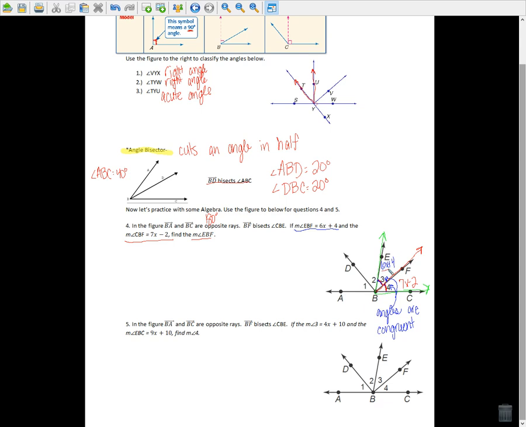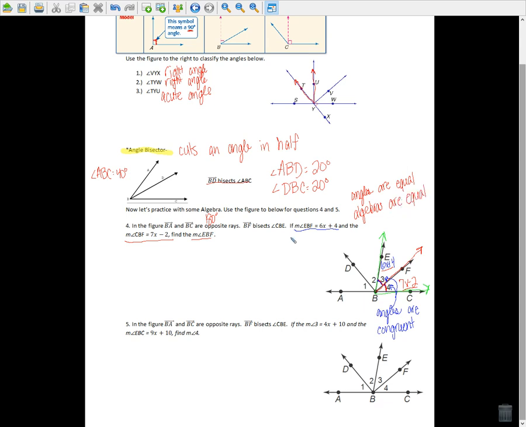So all we need to do is, since our angles are equal to each other, set our algebras equal to each other. Okay, so when the angles are equal, the algebras are equal.